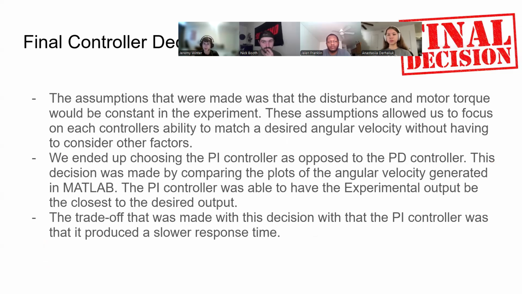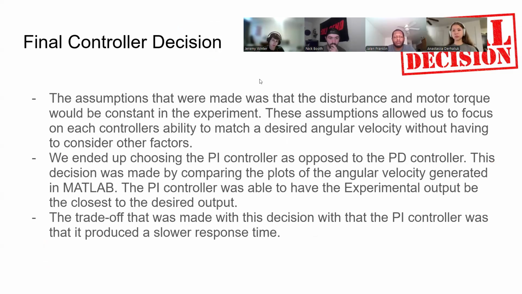So, our final controller decision was based off those pros and cons and those plots of the angular velocity. We ended up choosing the PI controller as opposed to the PD controller. The assumption made with this experiment and our decision was that the disturbance in motor torque would be constant. This assumption allowed us to focus on the ability of each controller to match a desired angular velocity without having to consider external factors.